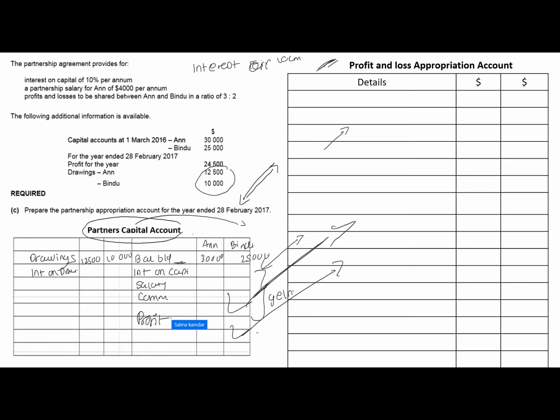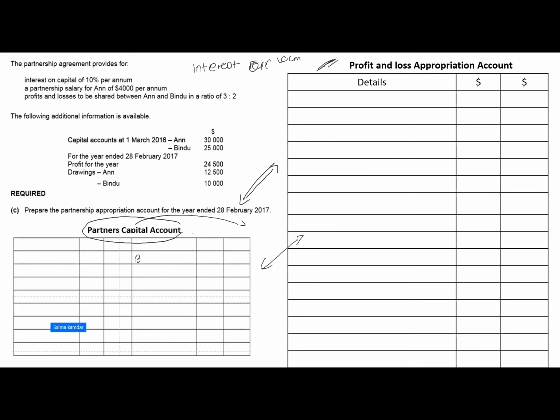If they're getting share of loss, then you will write loss. Okay, so this is how the capital account looks like: capital balance, drawings, interest on capital, interest on drawings, and here anything else that the partner is getting.